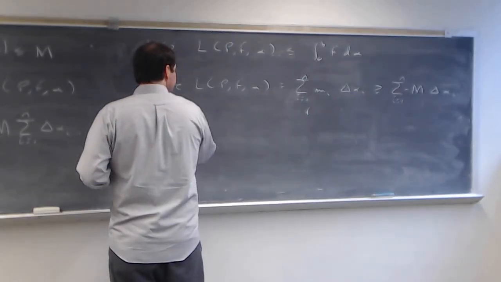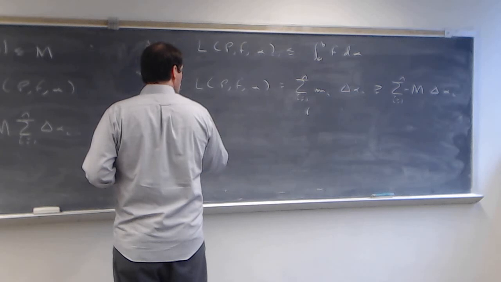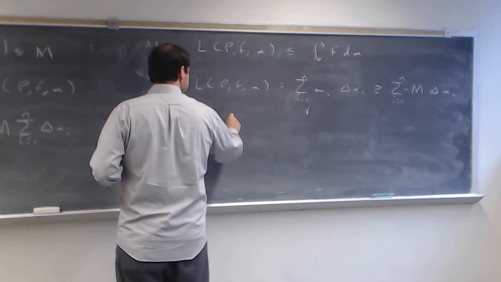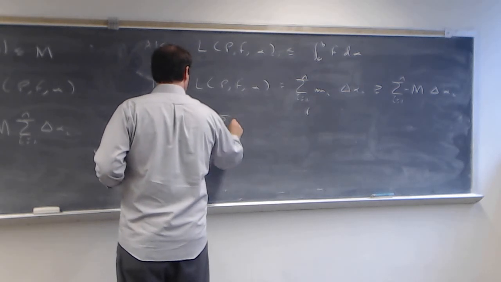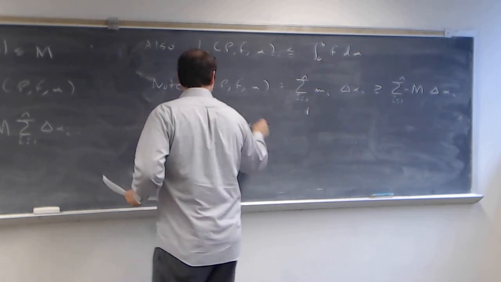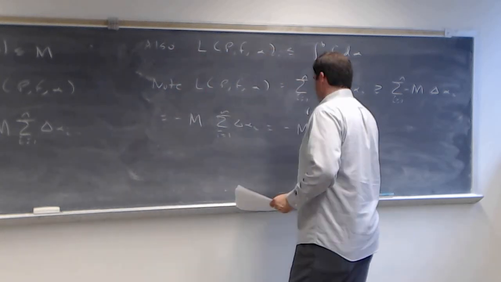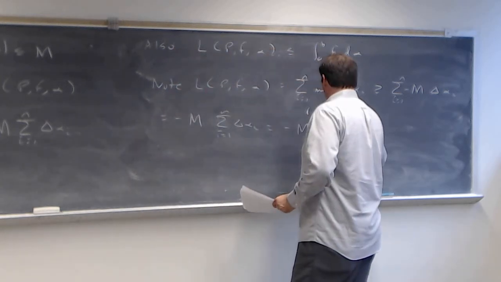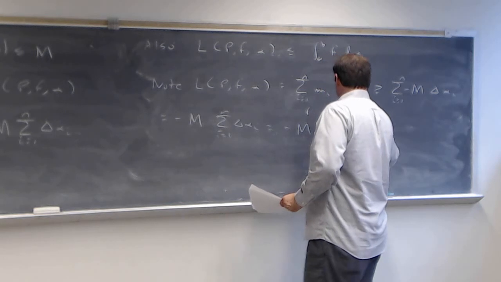That's equal to minus M times the sum of the delta alpha sub i, and again, that's minus M times the quantity alpha of b minus alpha of a.